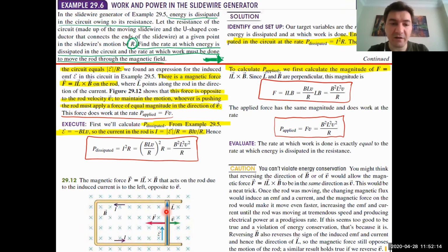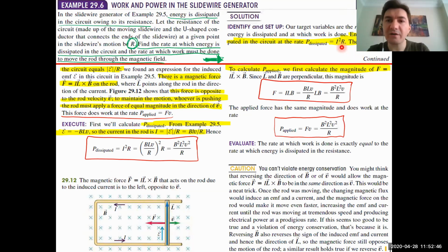So this is the direction of the current. By using the magnetic force rule, I L times B, this is the direction of L, this is the direction of the magnetic field into the page, there will be a force fighting against the pulling in that direction. So now this will be helpful for us.